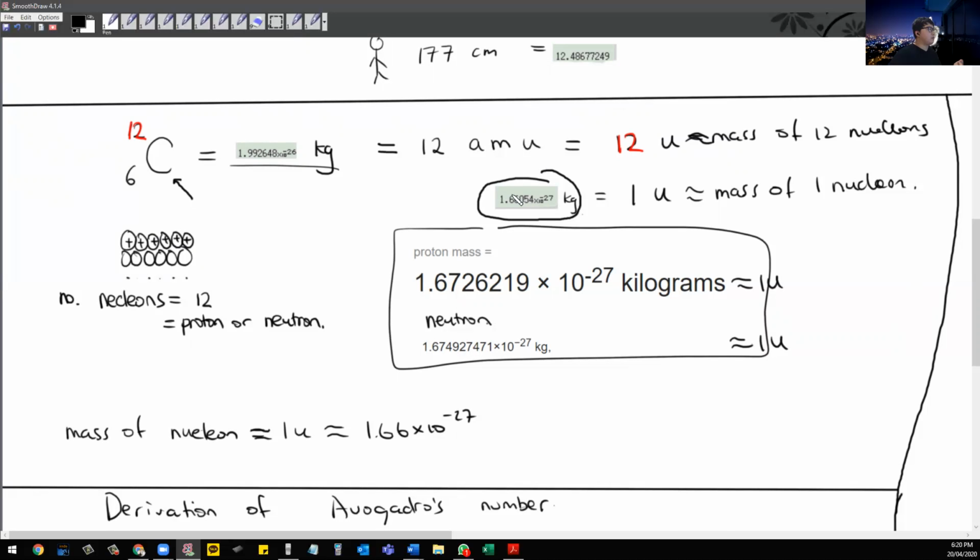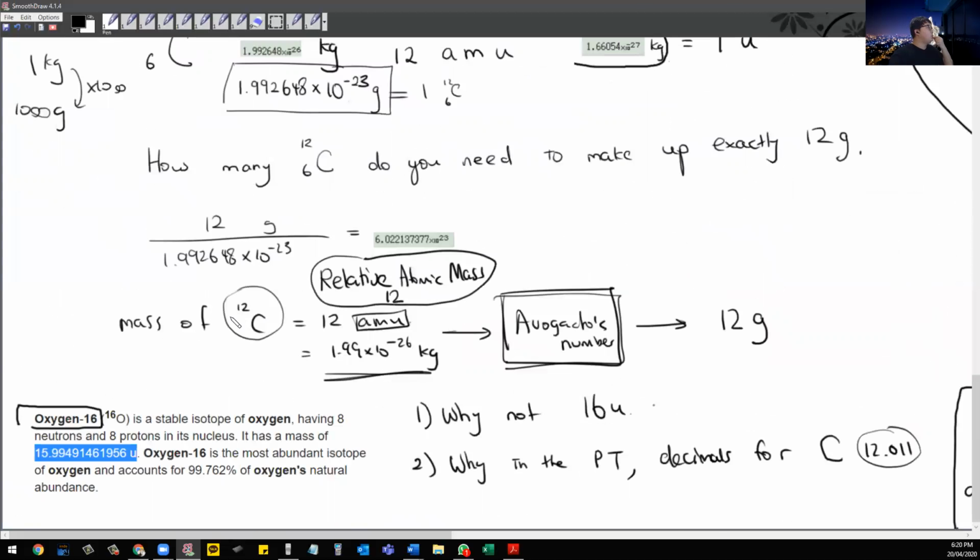The reason is that when protons and neutrons fuse together into a single atom, some of the mass is lost. When you look at carbon, 12 nucleons fuse together, so it lost a little bit of mass, and we are letting that equal 12. But when 16 nucleons fuse together, it's probably going to lose more mass than carbon.